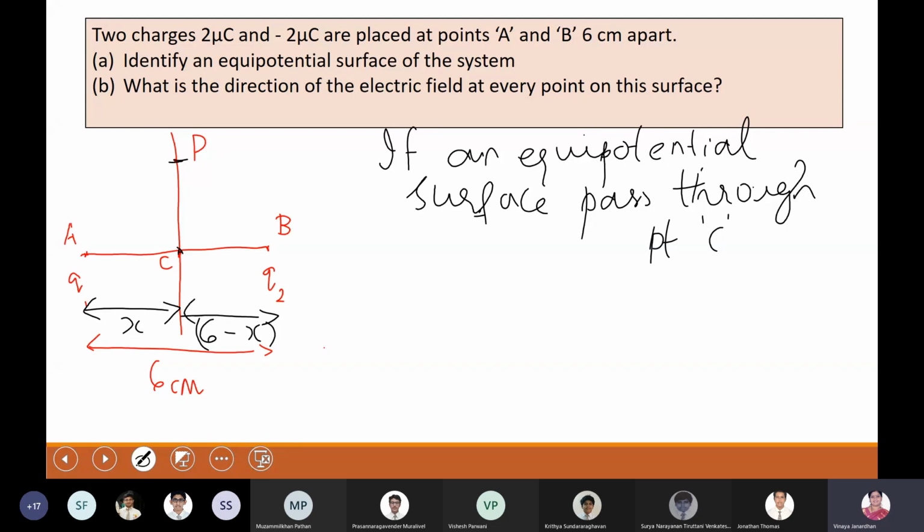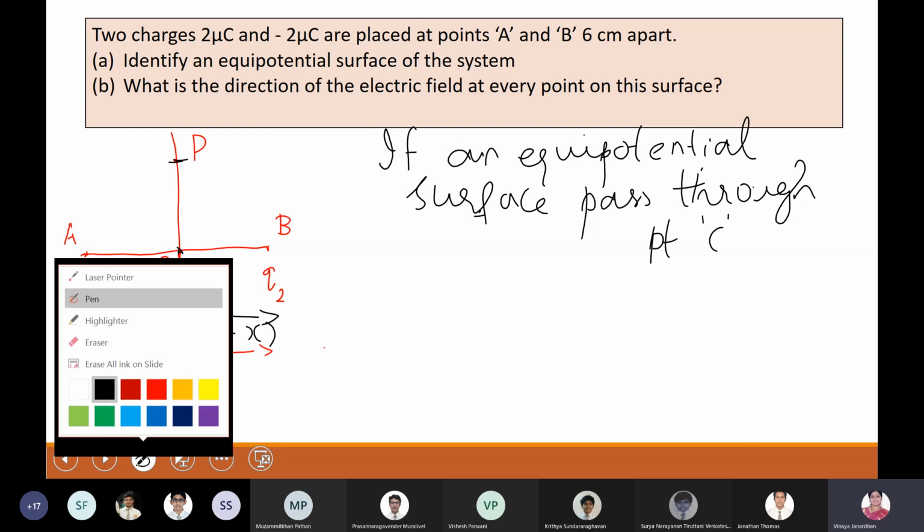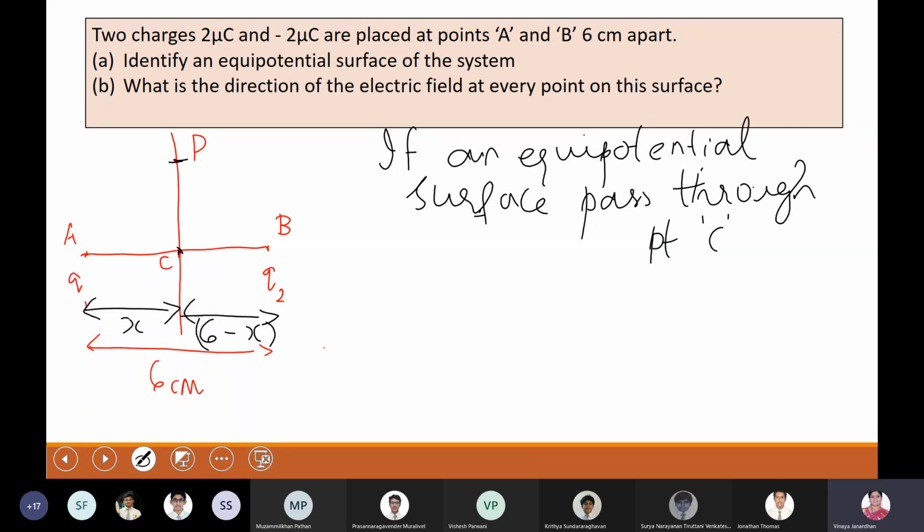If an equipotential surface passes through point C, then what is the condition, boys? VA must be equal to VB. Is that fine? If an equipotential surface passes through point C, then at point C, the potential due to the charge at A and the potential due to the charge at B should be the same.